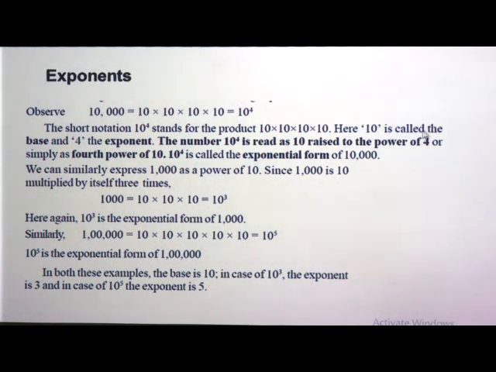Here 10 is called the base and 4 the exponent. The number 10 is the base and 4 is the exponent, read as 10 raised to the power 4, or simply the fourth power of 10.